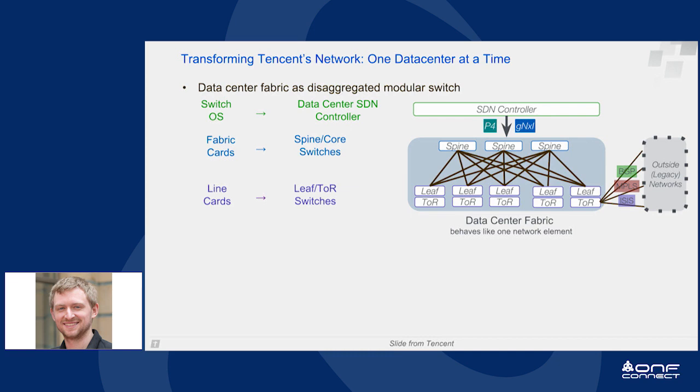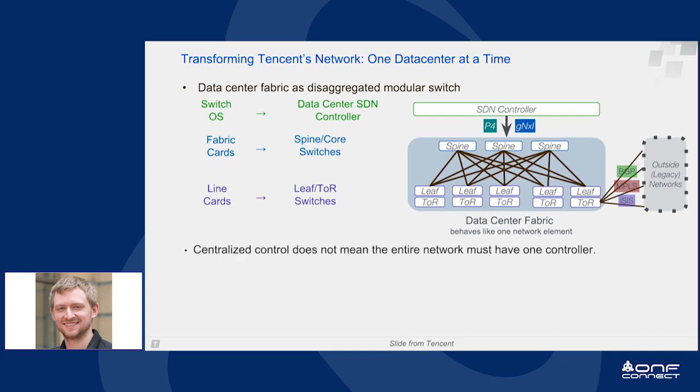And your line cards look a lot like your leaf or top of racks. So you can start to build fairly big data center fabrics that look like traditional routers that have been disaggregated across these boundaries. And these can still use things like BGP, MPLS, ISIS to communicate with other clusters. Then those control packets would go up to the control plane functions appropriately.